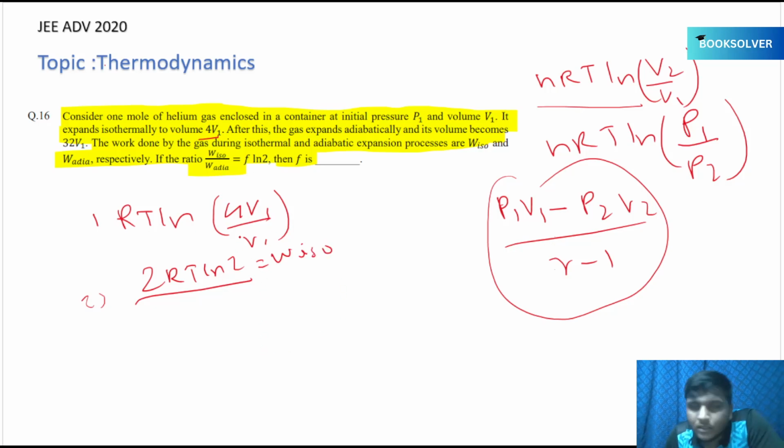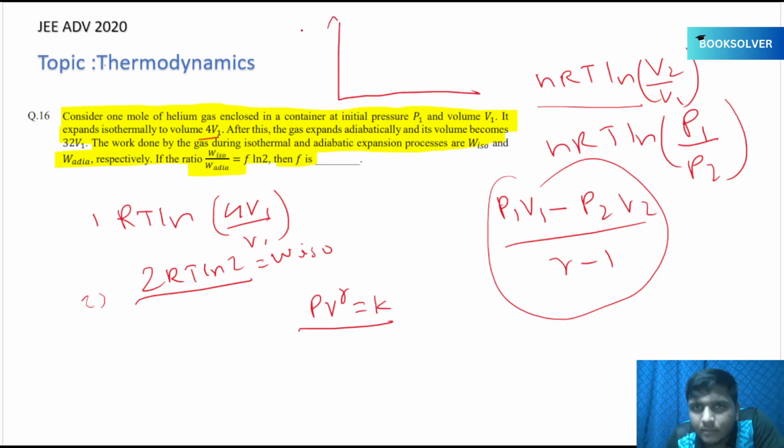And now if we want to calculate the work done in adiabatic, we know that PV^gamma is equal to constant for adiabatic processes. Let me show you on the PV diagram, with P and V. Initially, at constant temperature, P and V are decreasing like this.